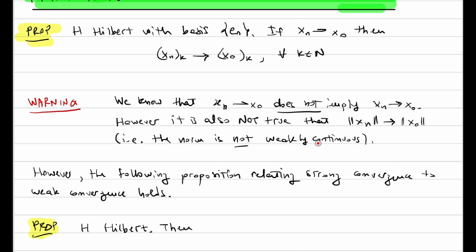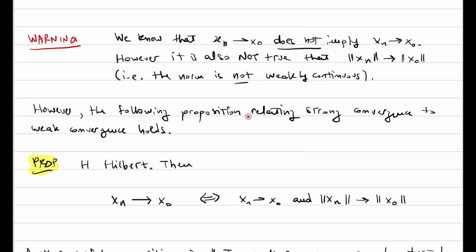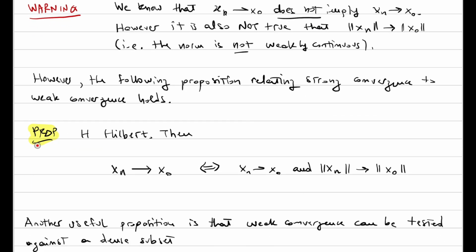However, checking the convergence of the norms basically allows us to relate weak convergence to strong convergence in Hilbert spaces. This is summarized in this proposition here. Let H be Hilbert, whatever Hilbert space, not necessarily separable.